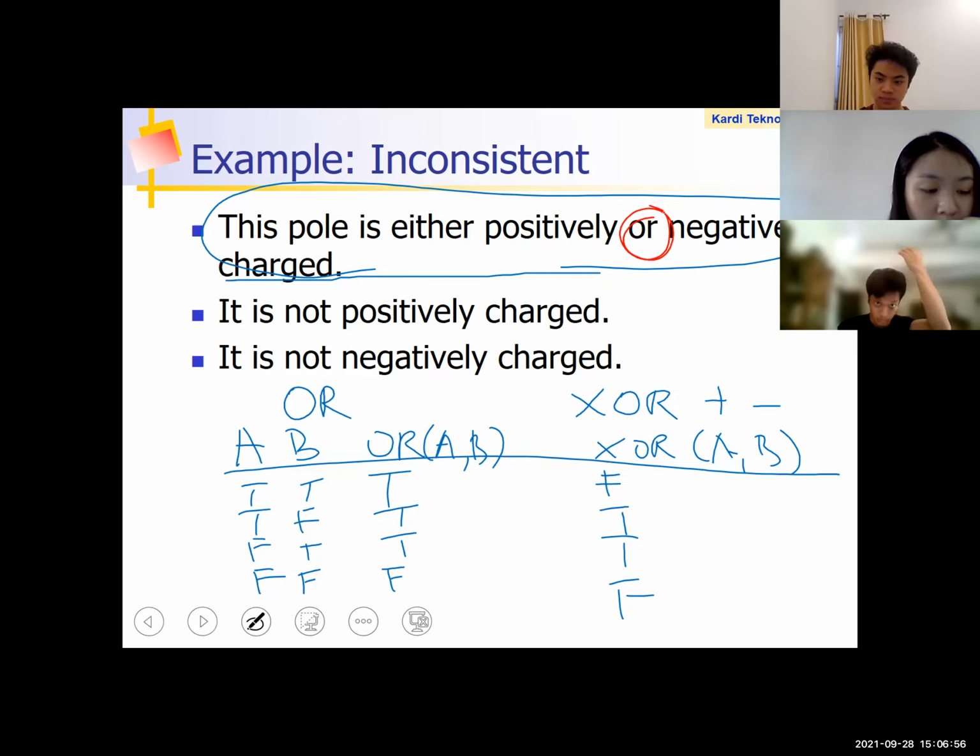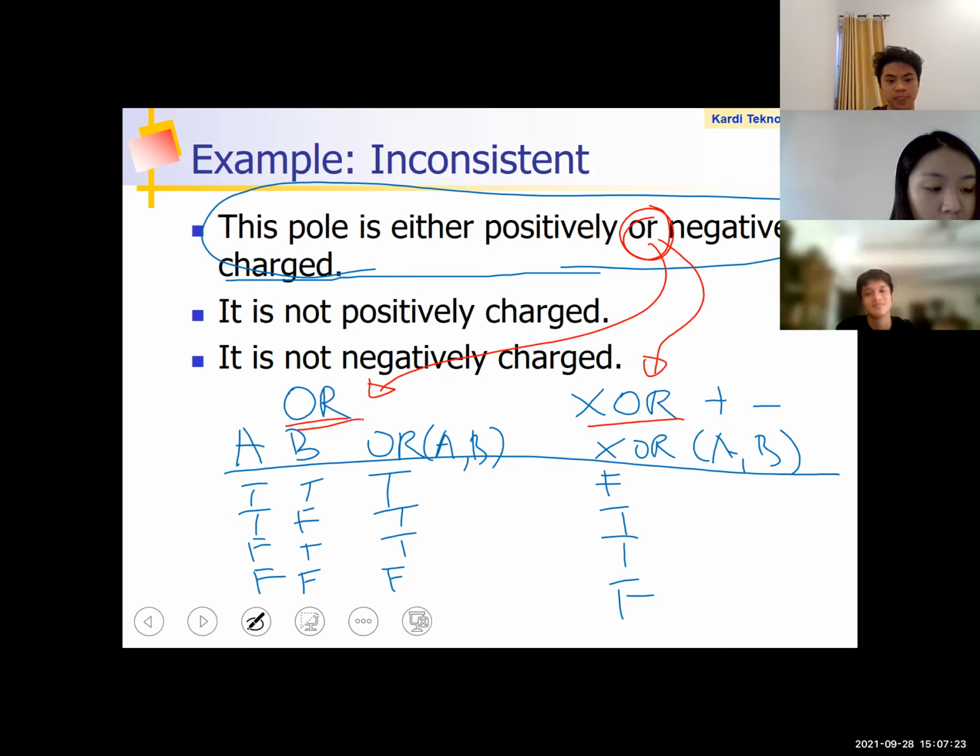Is this the real or, or is this or actually XOR? Right. And Matthew already said this is actually XOR, not the real or. Did you get it or you don't? Still, I don't get it. You don't get it. Okay.